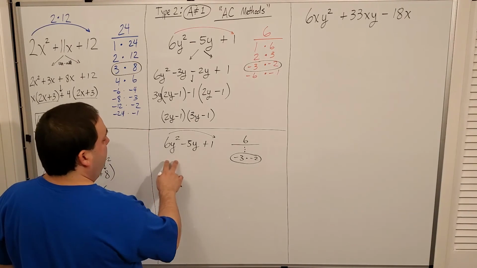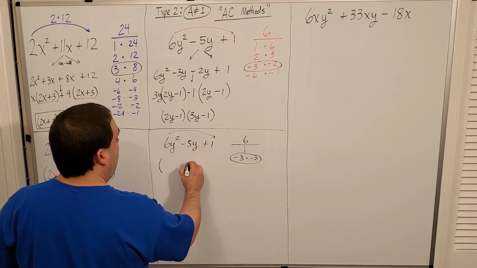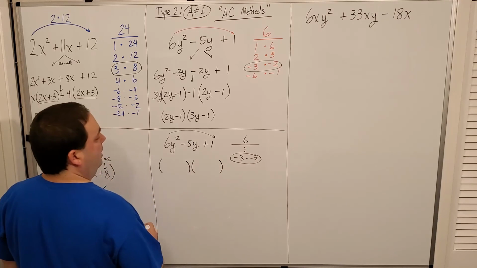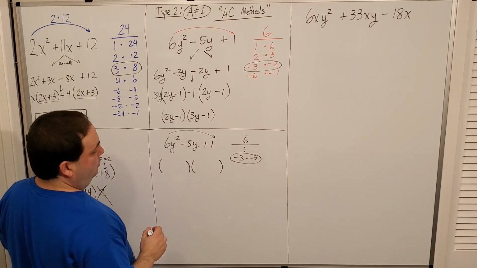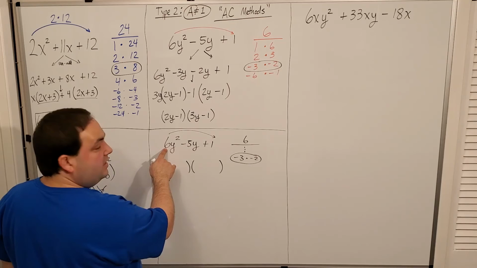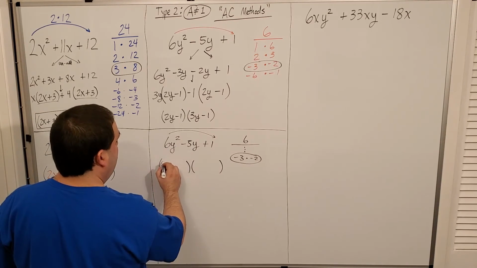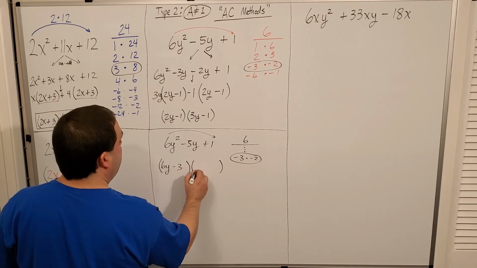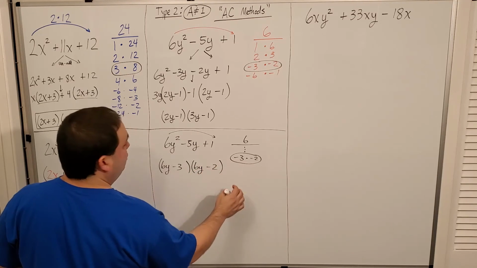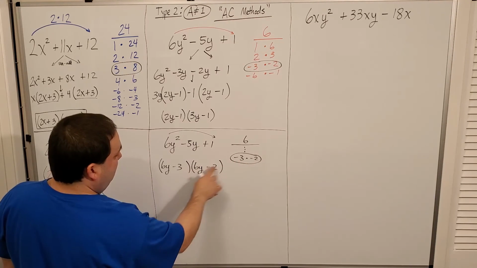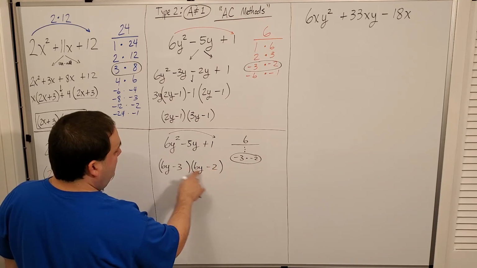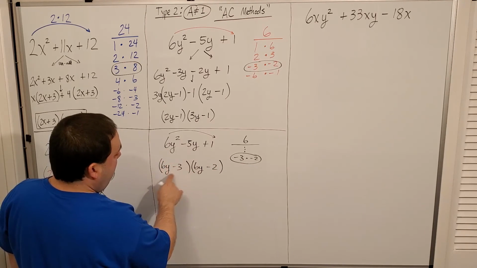However, in the other method, I write my bubbles, right? My double parenthesis bubble. And I copy this front number, 6. 6y minus 3. 6y minus 2. See, I'm taking those 2 values, the negative 3 and negative 2, and I take the front number, a, and put it in both.